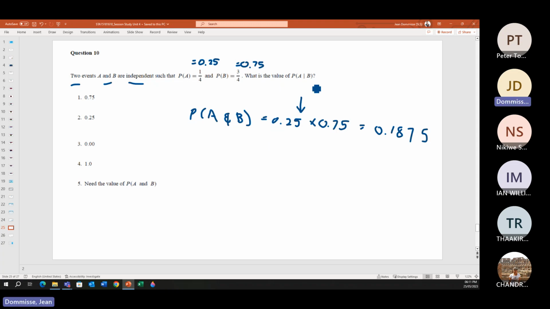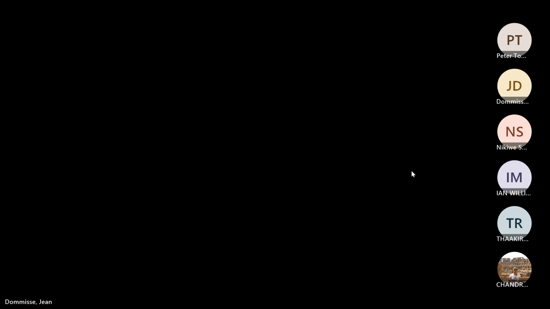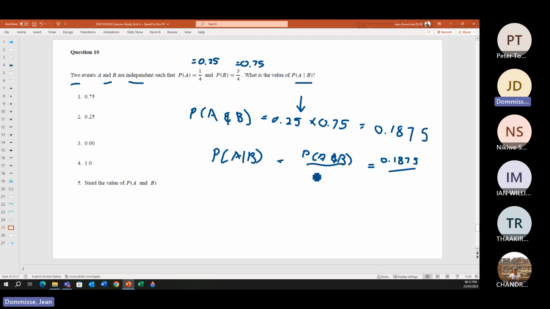Then they ask us, well, we need to work out the value of A given B. So that is the probability of what we said. We work out the AND, and we divide it by the probability of the last one.